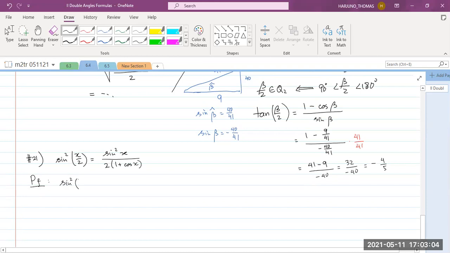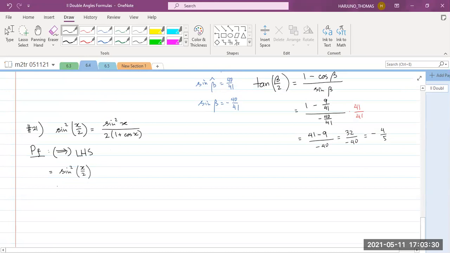Left-hand side, that equals sine squared x over 2. Okay, I think I will use the power reduction formula.